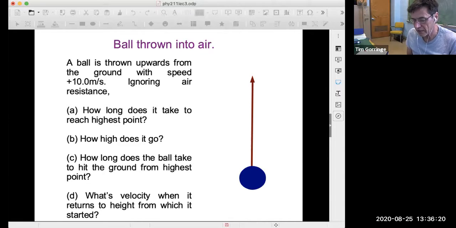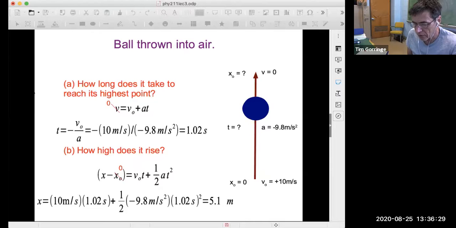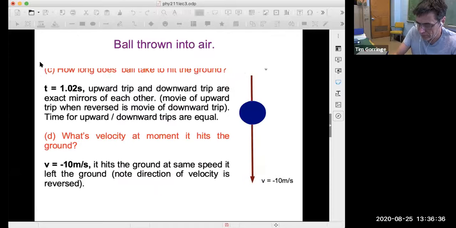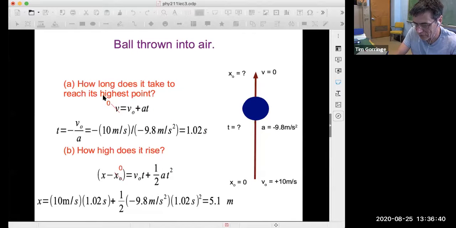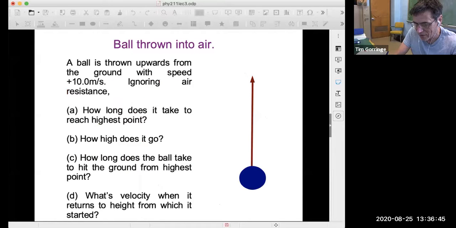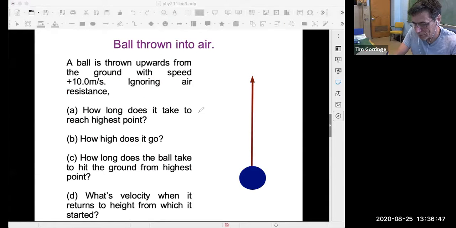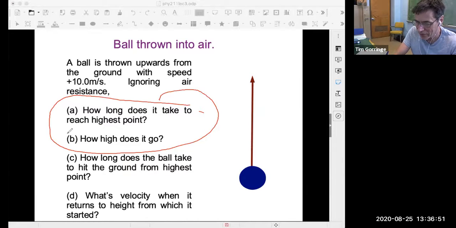And what speed does it have when it strikes the ground when falling back from the highest point? But to begin with, we're just going to focus on the first two. These two questions here. How long and how high?